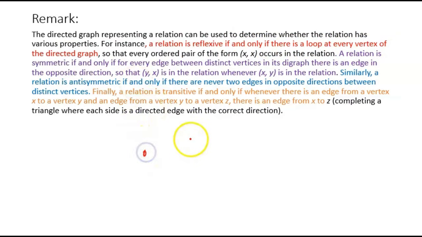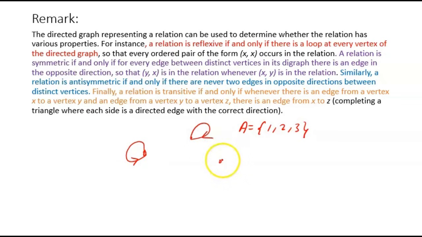Suppose I take an example of a set A which contains 3 elements 1, 2, 3, and suppose we have a reflexive relation over this set A. If it is reflexive, certainly every element will be related to itself. So there will be a loop over every element. That is what they are saying, that in case a relation is reflexive, then there will be a loop at every vertex of the directed graph.